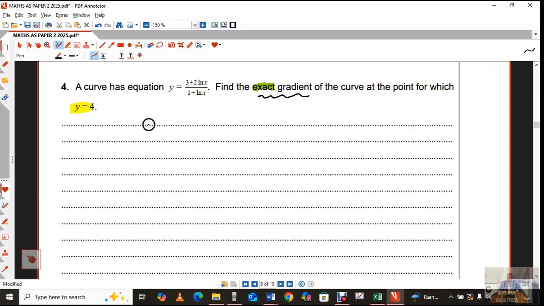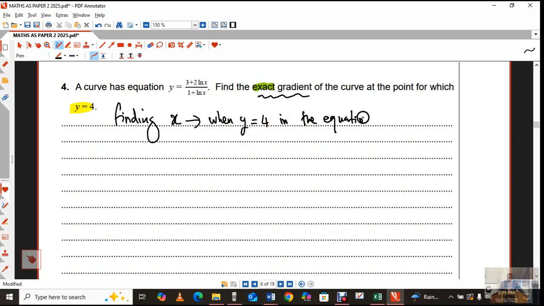So let me find x first, when y is equal to 4 in this equation.